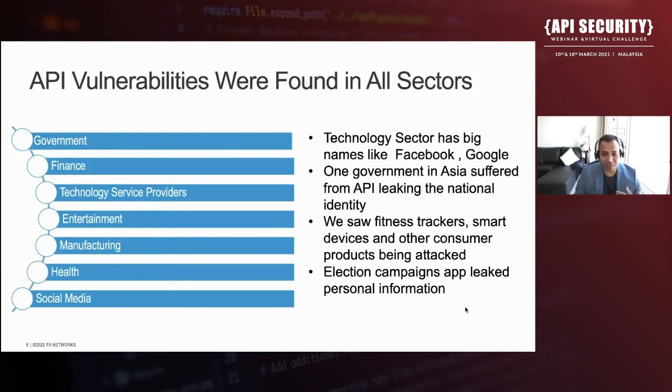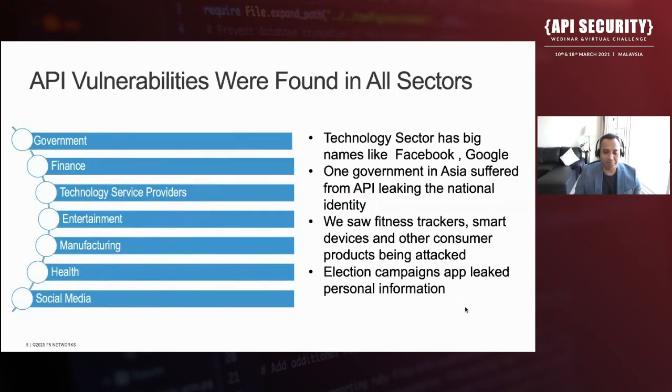When we look at the scale and the seriousness of some of the breaches, one government service in Asia suffered a leak of a lot of national identity data from their databases itself. That was an interesting case where the whole country's data was exposed. It was a researcher who performed this, and they were able to pull down the database of all the citizens and their unique IDs. So that was a scary one, right?